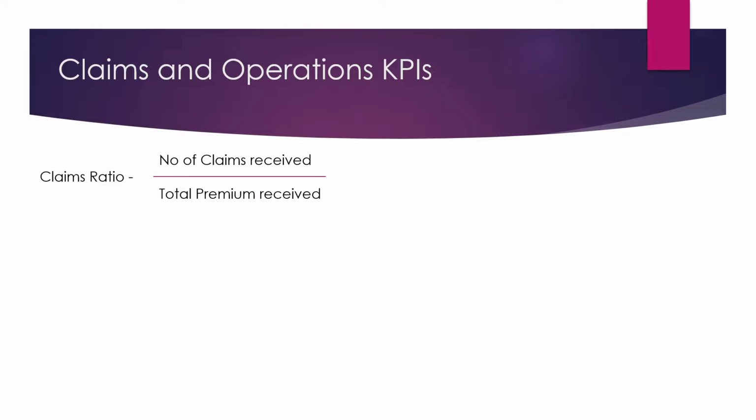What does that tell you? Premium received means the policies that you have sold. So out of the policies that you have sold, if the number of claims received is too high, that means whatever premium you have received won't be enough for you to service the claims, right?